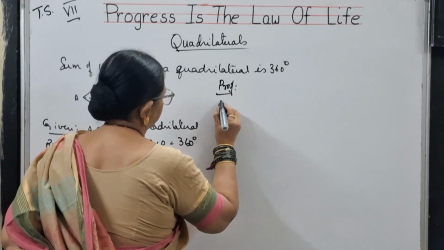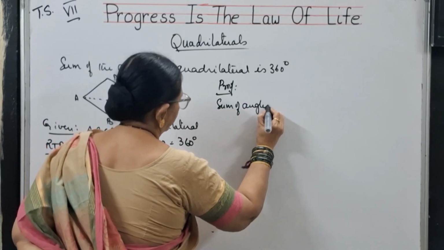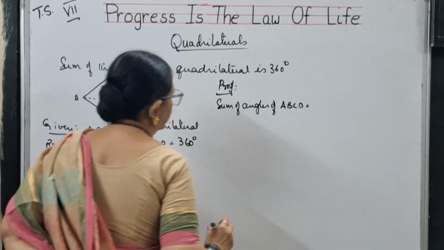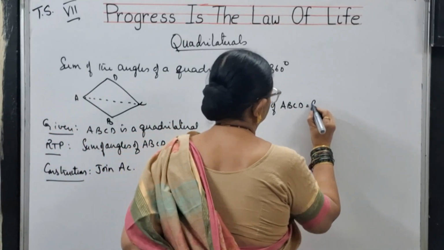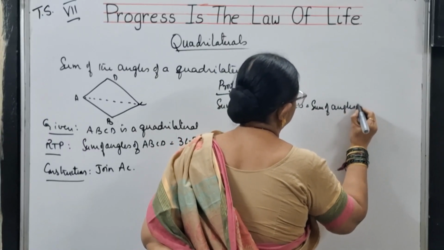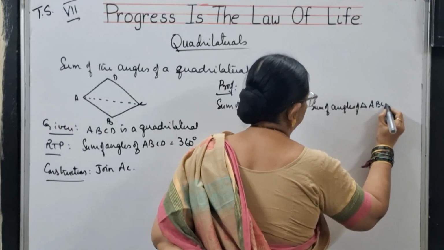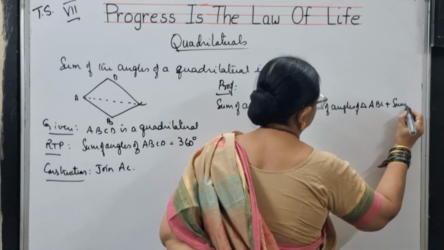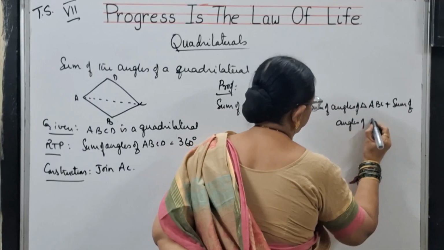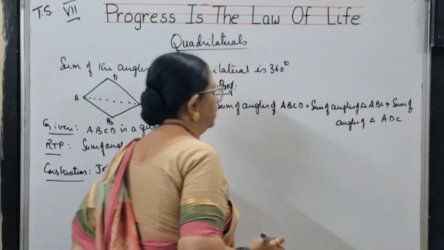Proof is: sum of angles of ABCD is equal to sum of angles of triangle ABC plus sum of angles of triangle ADC, isn't it?